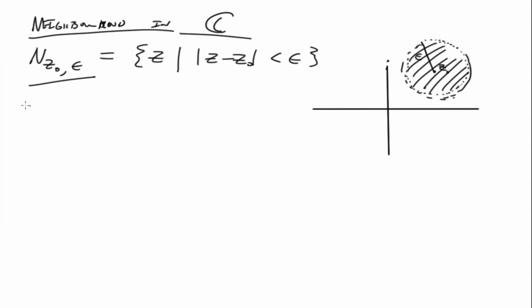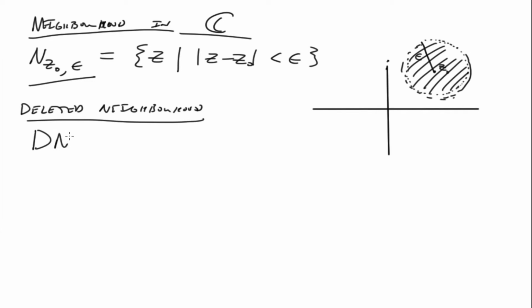And so another definition we want to have is that of the deleted neighborhood. A deleted neighborhood we'll write as DN of z naught comma epsilon, and it is simply the points z given that z is within the distance epsilon of z naught, comma, but z is not equal to z naught.